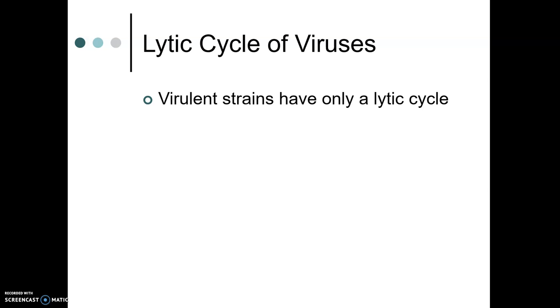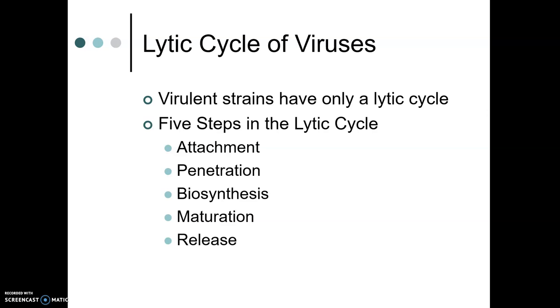But only viruses that are dangerous, which is the vast majority of viruses, have a lytic cycle. These are the 5 steps of the lytic cycle. You definitely need to know these steps in the right order, okay? Attachment, penetration, biosynthesis, maturation, and release, okay?